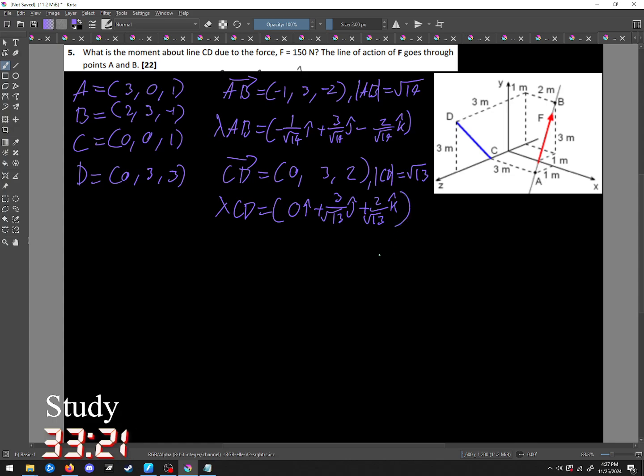Okay, with these, now we can finally, hopefully, potentially, this is what they call the scalar triple product, which I personally don't like. A moment is a distance across a force, right? And we have the distance in lambda AB, and we have the force of F, so we have to do that.